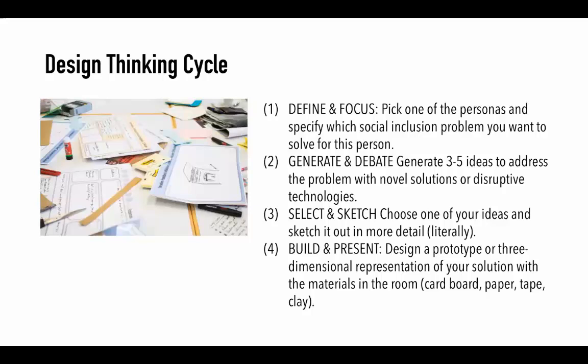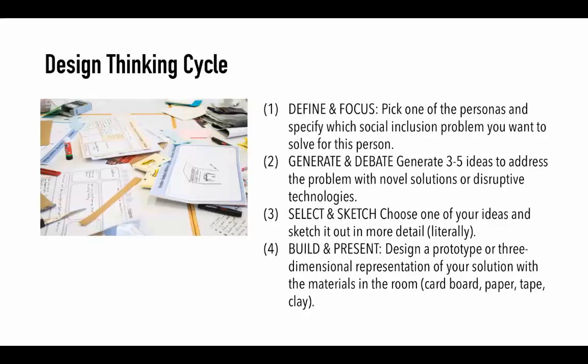The next step is to generate ideas very rapidly during a time frame of maybe 8 minutes, 3 to 5 ideas, and then debate them with a partner. Then after discussing this, select one idea and sketch it out. And then again, build and present the prototype in a 3-dimensional representation.